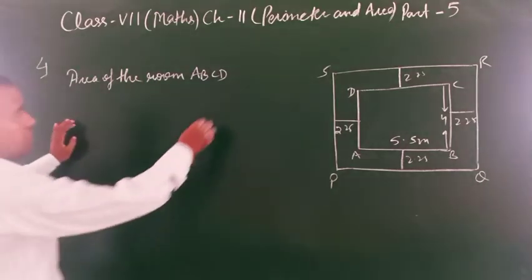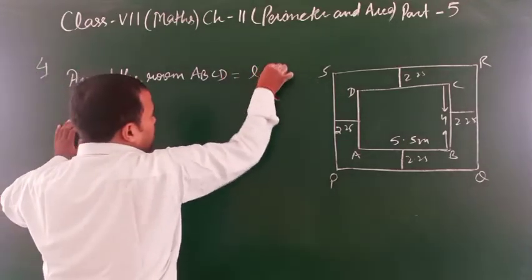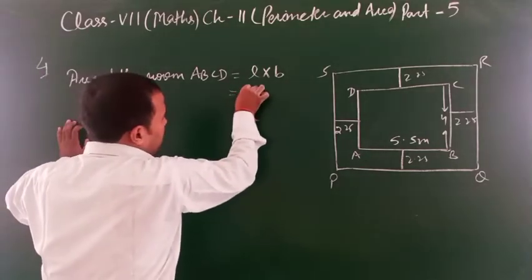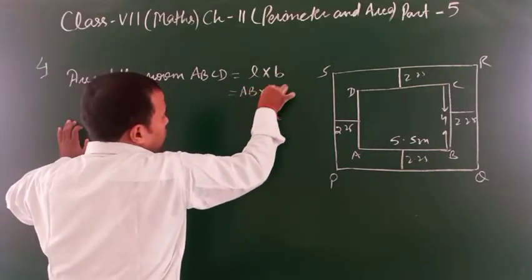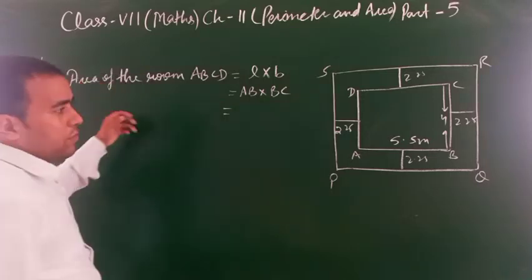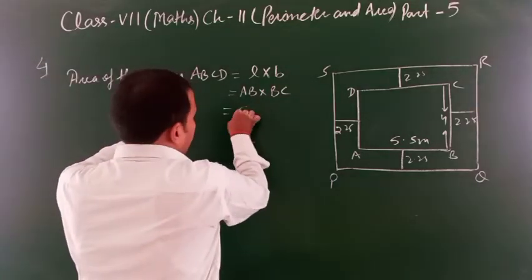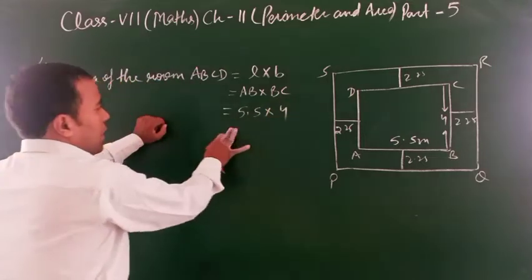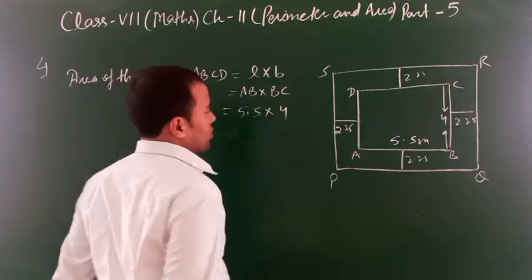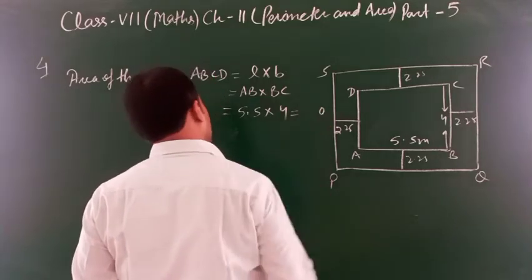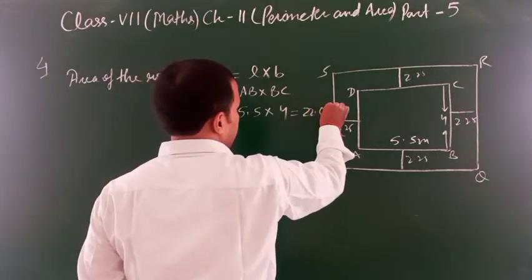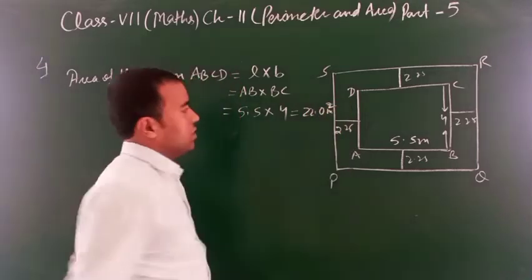Area of the room ABCD means L into B, AB into BC. AB means 5.5, BC means 4. So 5.5 into 4 means 22 meter square. Clear?